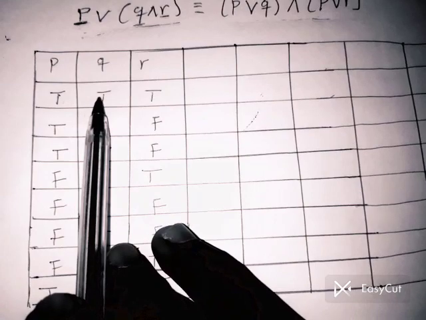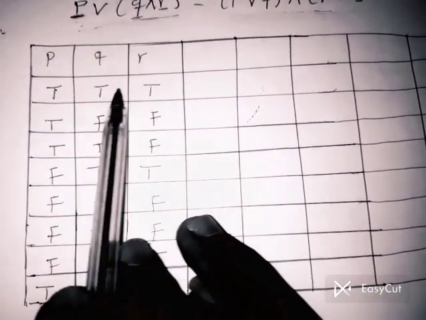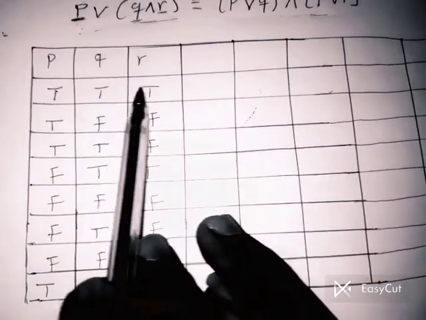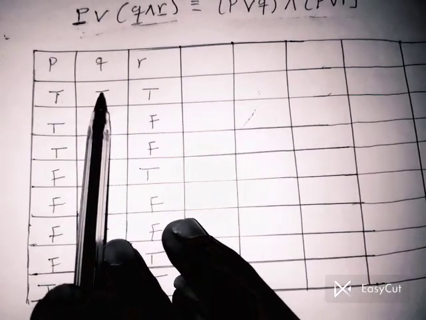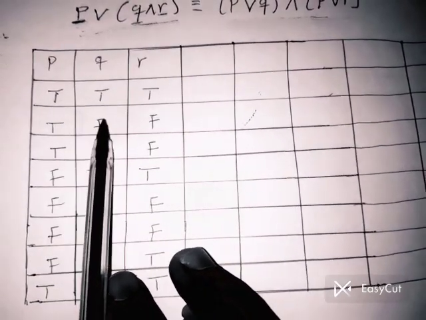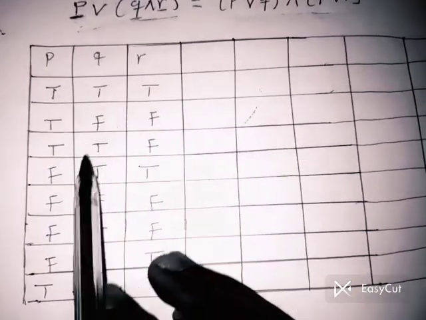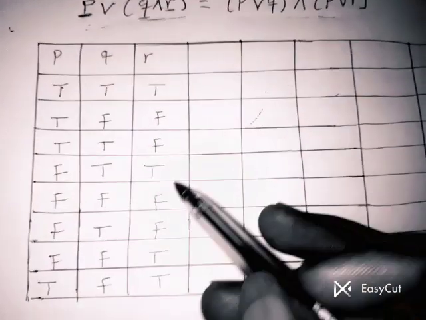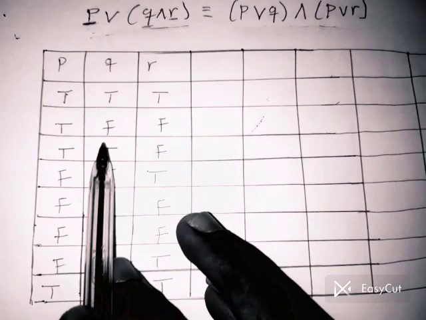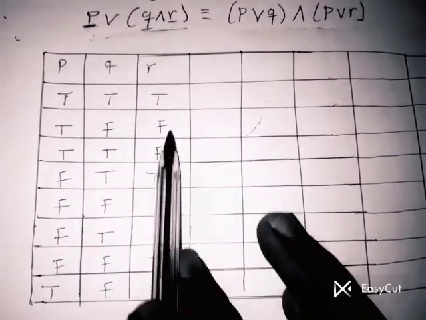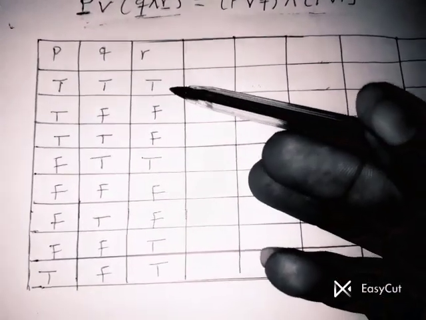See, so we need to make sure that we have all the available combinations of true and false. So if P is true, Q is true, R is true, P is true, Q is false, R is false, we must blend this. It's like probability. See, we must make sure that all the available combinations go through.